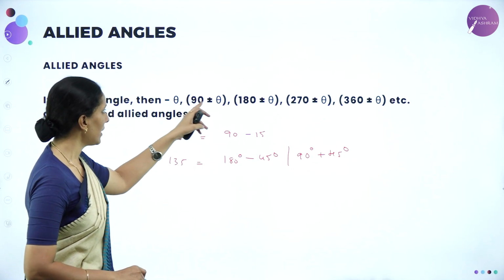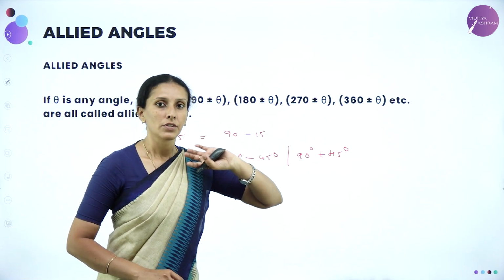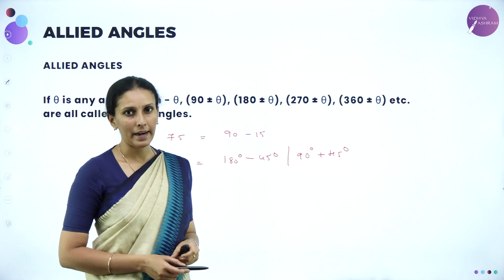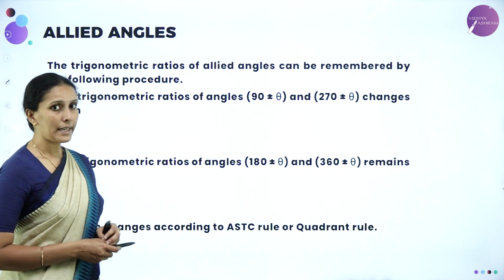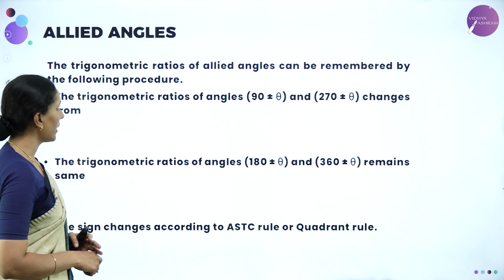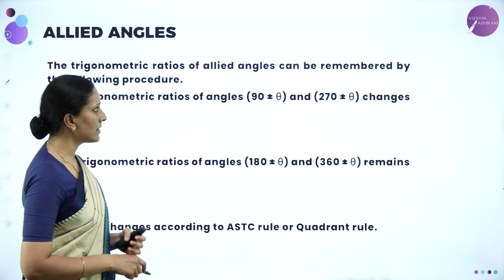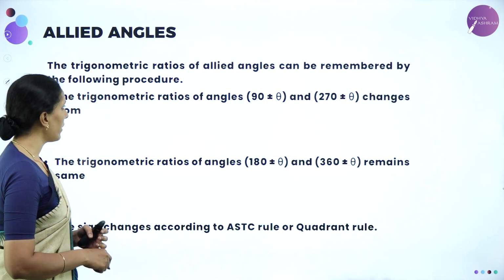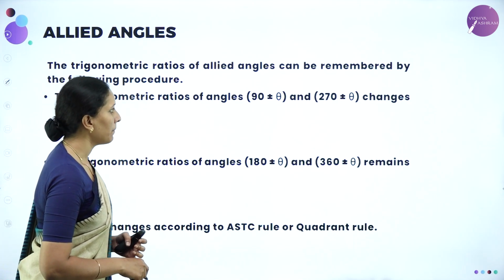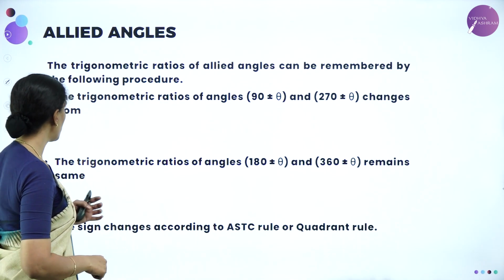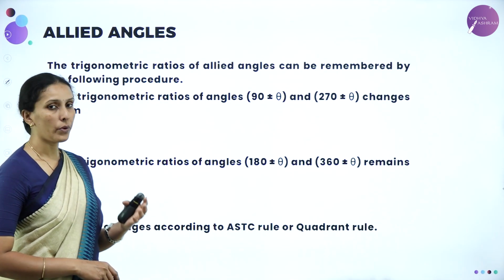So these are all the quadrant angles, and the sum or difference with the quadrant angles are nothing but the allied angles. Now when we are studying the allied angles, we need to remember these 3 properties. The trigonometric ratios of allied angles can be remembered by the following procedure. The trigonometric ratios of angles 90 plus or minus theta and 270 plus or minus theta change from function to its co-function.